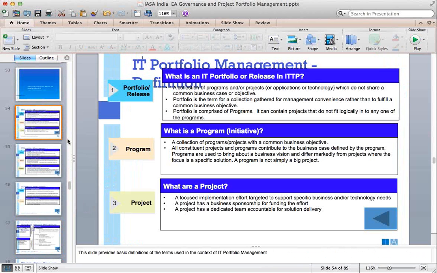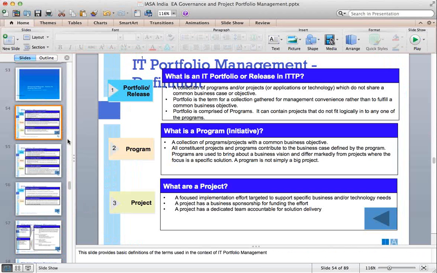That portfolio will have a collection of programs or projects within them, either application or technology, which may not share a common business case or objective. So you may have to segregate programs and projects aligned with business cases and objectives to meet the business values.